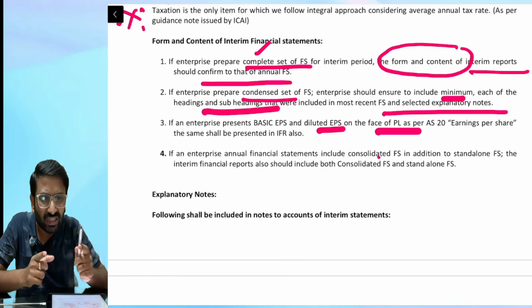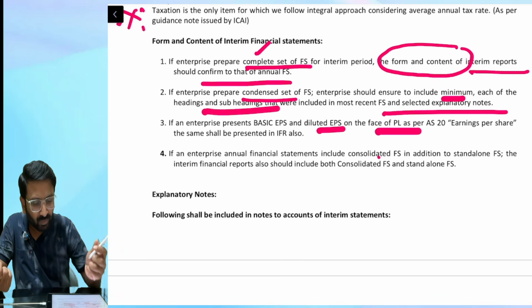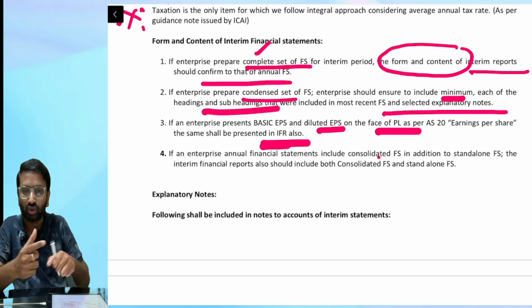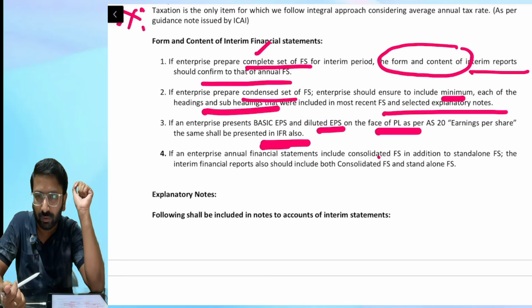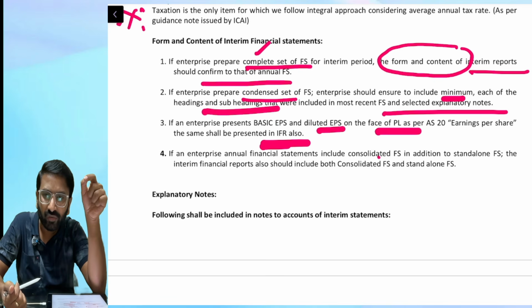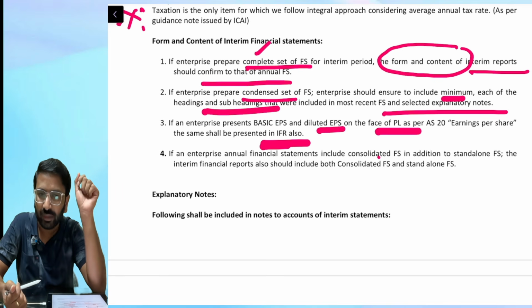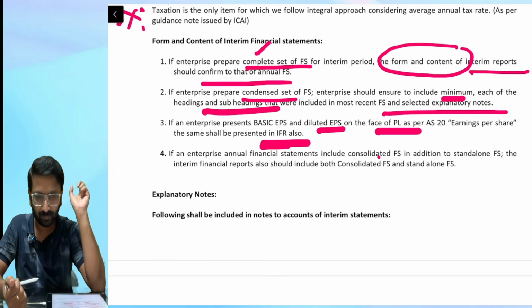Now, if you are presenting that in the annual financial statement, you should present that in IFR also. Let's say you are preparing accounts only for one quarter. For that one quarter, you need to find out basic EPS and diluted EPS, and report that on the P&L face for that quarter. Is that clear?